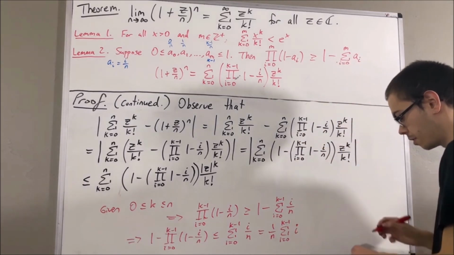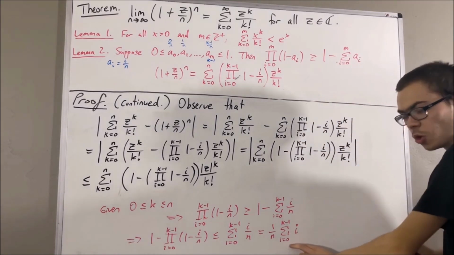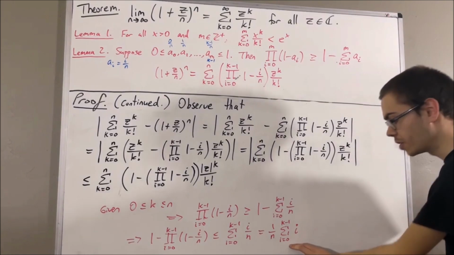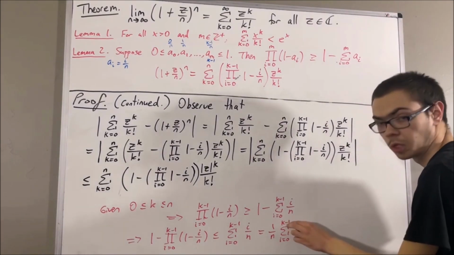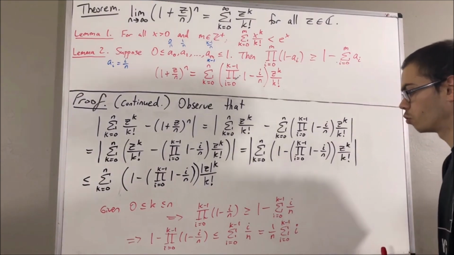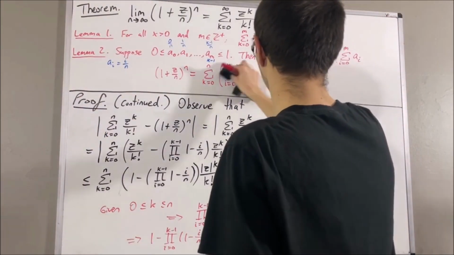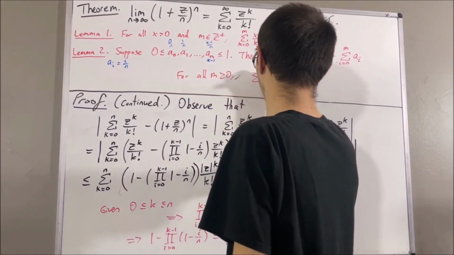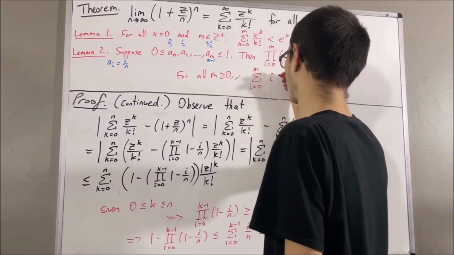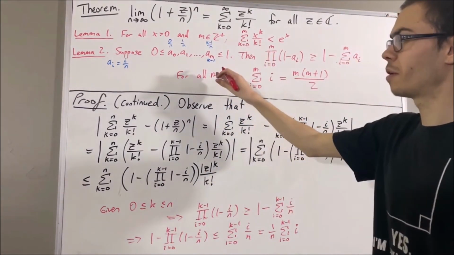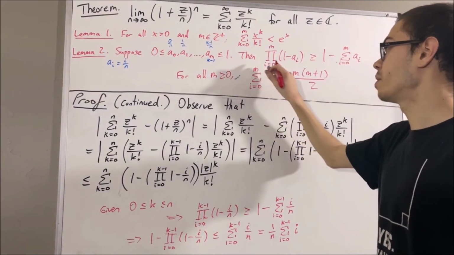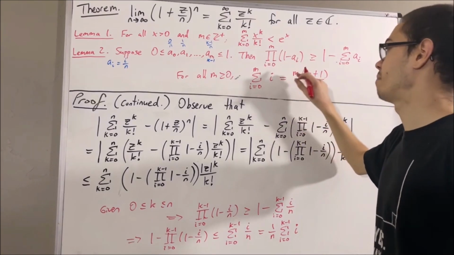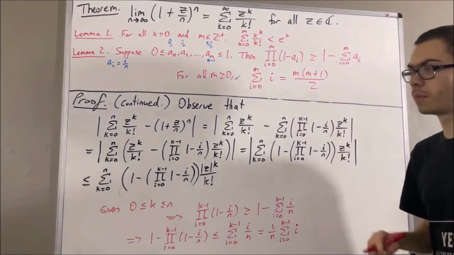So we get this. But we know what this sum is, right? This is just 0 plus 1 plus 2 and so on and so forth up to k minus 1. In general, we have the following. For all integers m greater than or equal to 0, the sum from I equals 0 to m of I is equal to m times m plus 1 over 2.